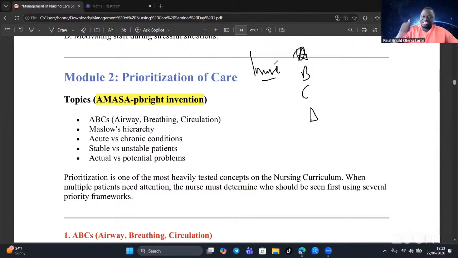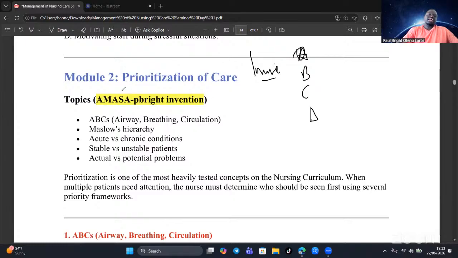The nurse manager should have that ability and skill to manage and bring out the patient that we should give. That is what. So anytime you see a prioritization question, you are testing what? Your management skill. You are managing care.